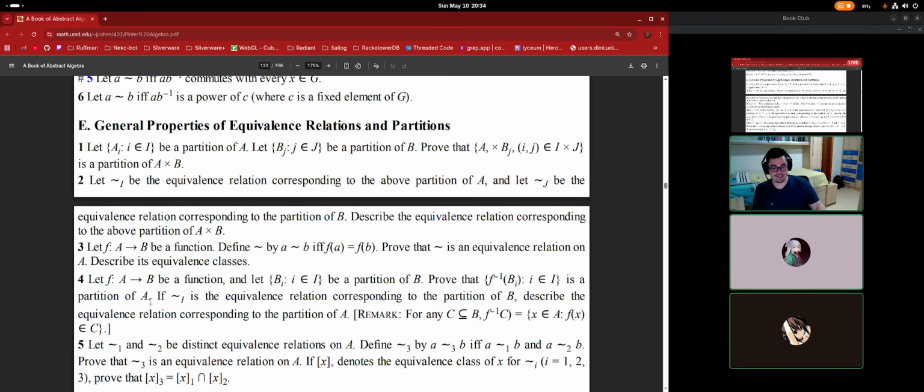Because my problem is that I couldn't say it, because I didn't know anything about f. If it's bijective, it just brings a partition from B to a partition of A.